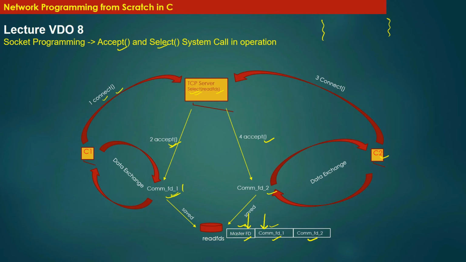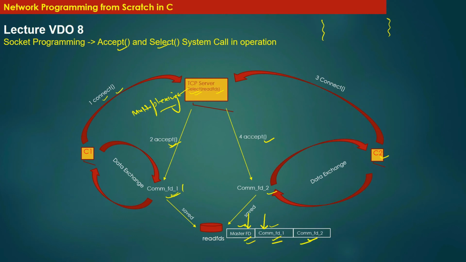So you can see that the select system call actually achieves multiplexing. Multiplexing means doing different tasks at the same time. At this point of time, because read FDS has three file descriptors, the server is actually monitoring three file descriptors at the same time.